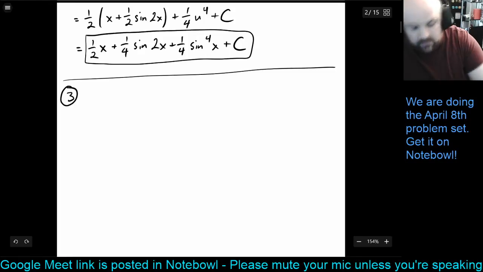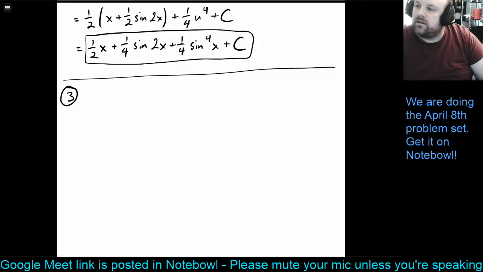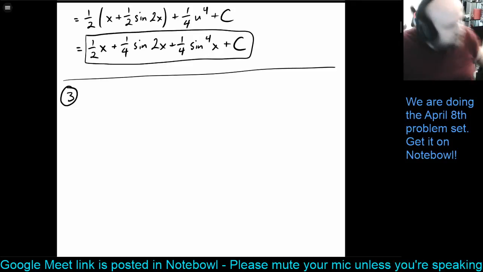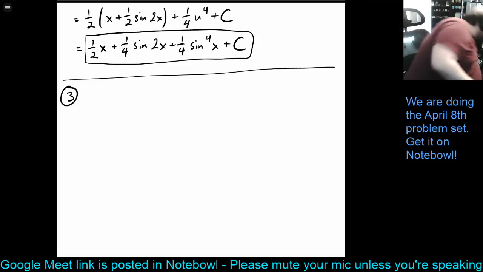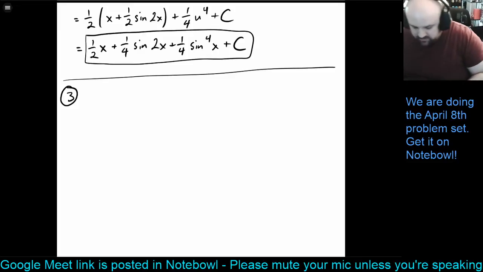Problem 3 here. So this one has a typo. Give me 1 second. I made a typo in my problem set for the first class today too. I think that's probably plus 7 at the end, not minus. Yeah, let me double check.